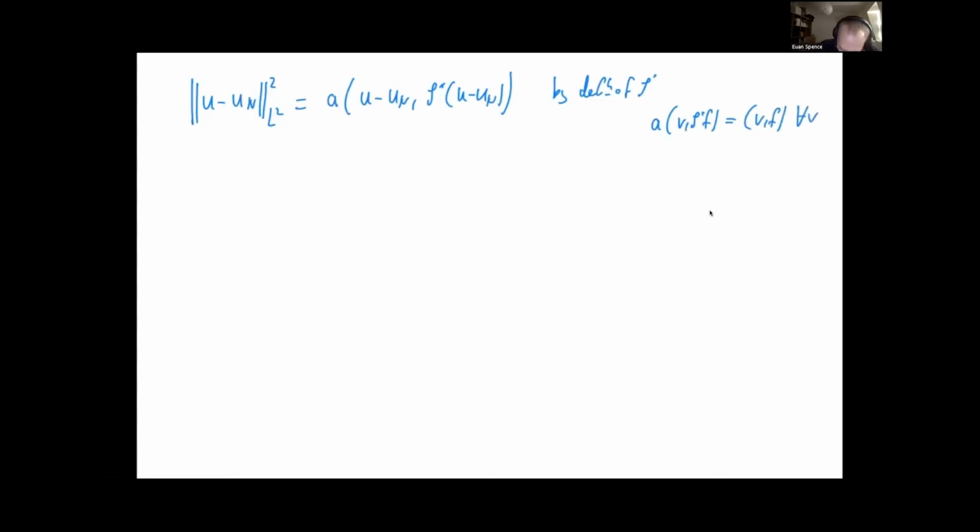So I start now with the square of the norm I want to bound, which is the L2 norm of u minus un. This is equal to a(u minus un, S star (u minus un)) by the definition of S star. Remember, a(v, S star f) equals (v, f) for all v in H1.